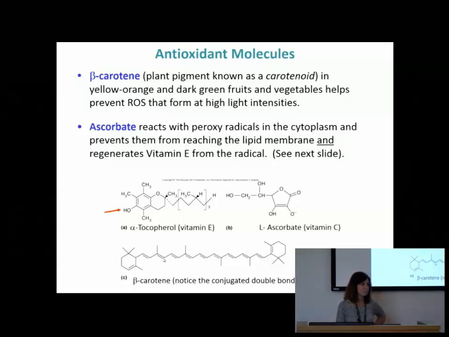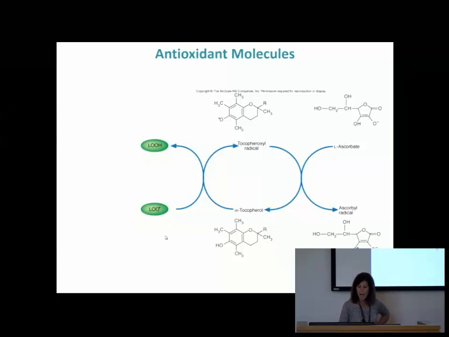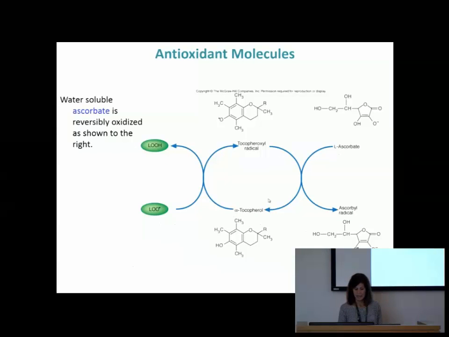So what happens when our alpha tocopherol, our vitamin E, stabilizes that? But remember, this is lipid soluble. So where is it going to go?